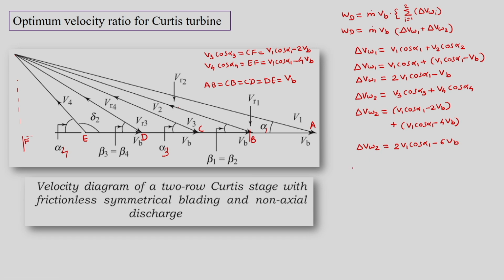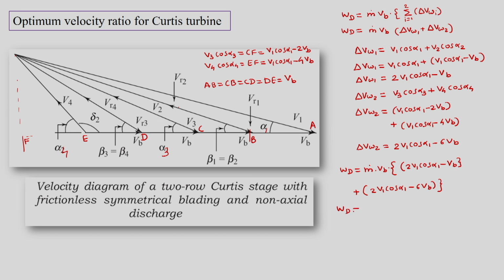So, we can use this and write down the formula for WD, and it becomes m dot into VB into, for the first stage we have twice V1 cos alpha 1 minus VB, and for the second stage we have twice V1 cos alpha 1 minus 6 VB, and then bracket complete.